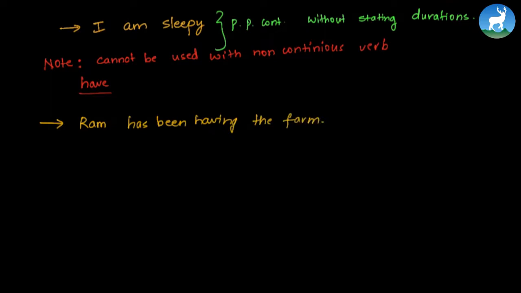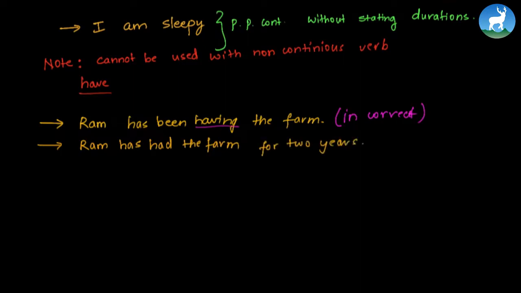The example, Ram has been having the farm, is absolutely incorrect, as we do not use the continuous form of a non-continuous verb. Have is a non-continuous verb, and adding ing to have will be incorrect. The correct form is, Ram has had the farm for maybe 2 years.